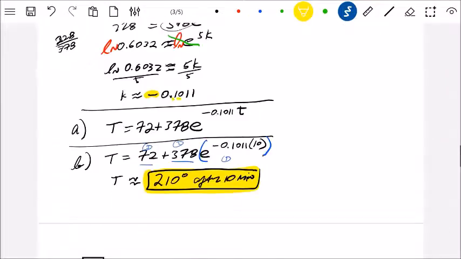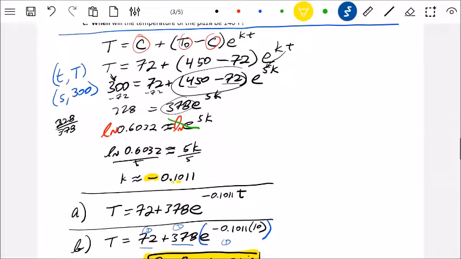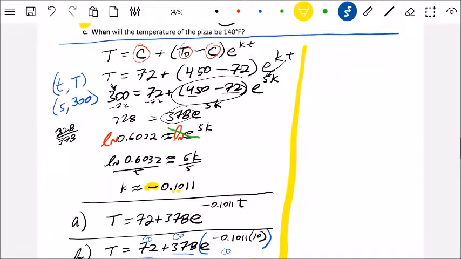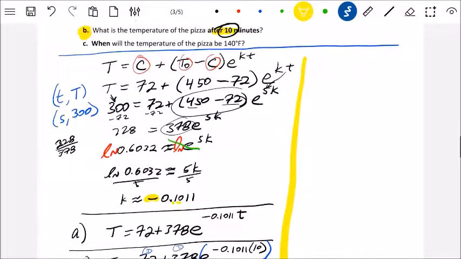Now, when will it be 140 degrees? For that, I'll use some space over here. Now what we know is not the time, but the temperature of 140 degrees. In that case, we can use the same formula, but now we're going to fill in the capital T, not the lowercase t.